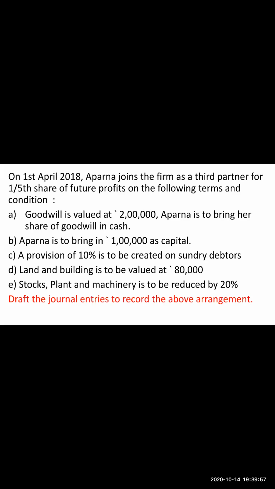The value of debtor decreases, right? So whenever the RDD is created on sundry debtors, the value of the debtor decreases. और debtor क्या है मेरा? Debtor is my asset. यानी मेरा asset भी क्या हो रहा है? Decrease हो रहा है. यानी because of this RDD, my asset is decreasing. ठीक है? So this entry will be related to decrease in the value of asset.